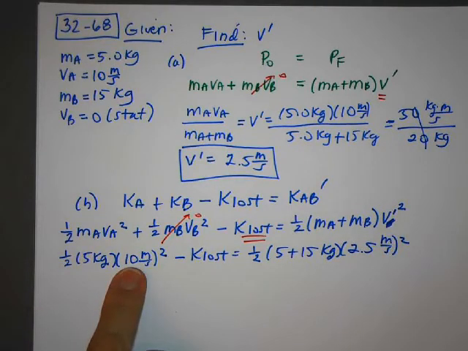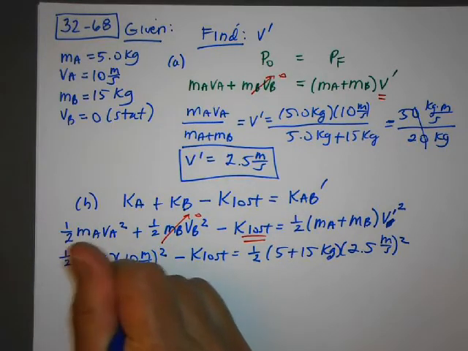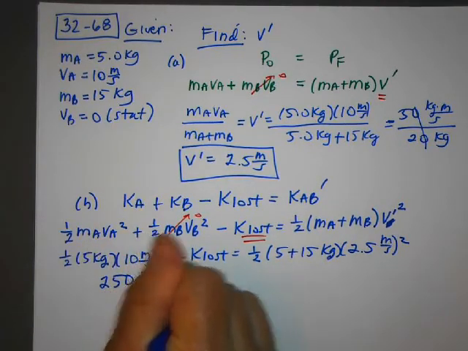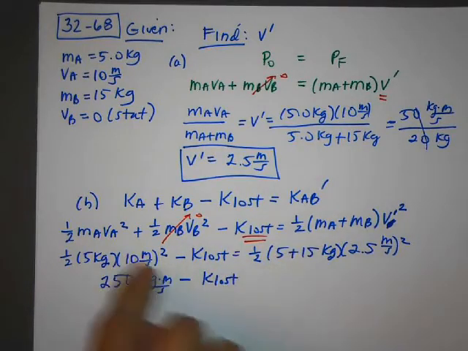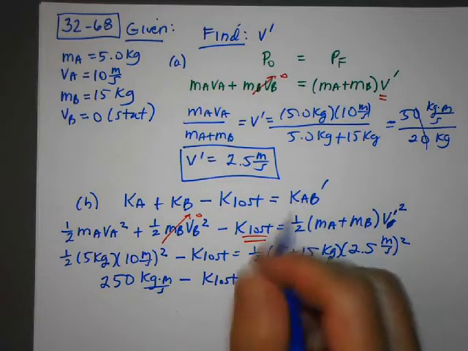So 100 times 5 is 500 divided by 2 is 250 minus K lost.